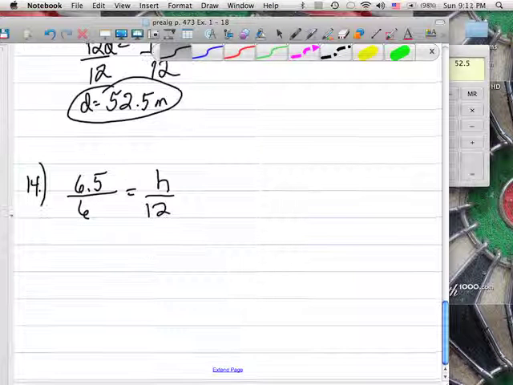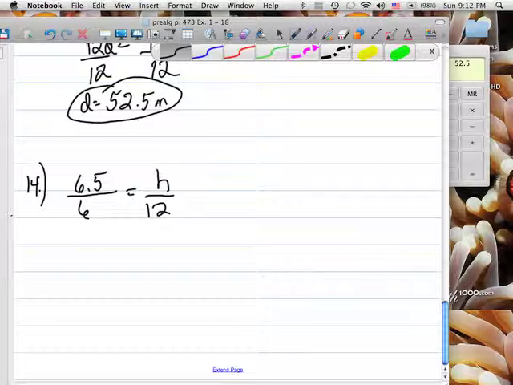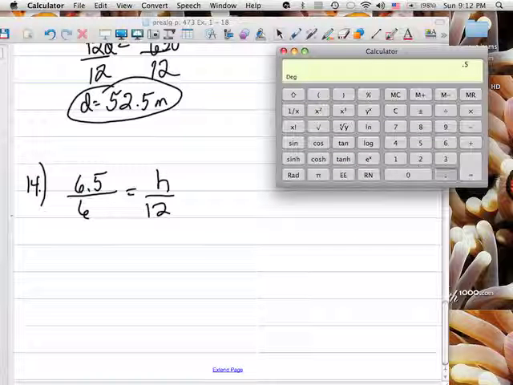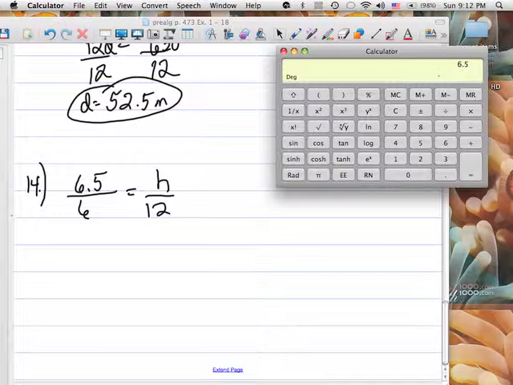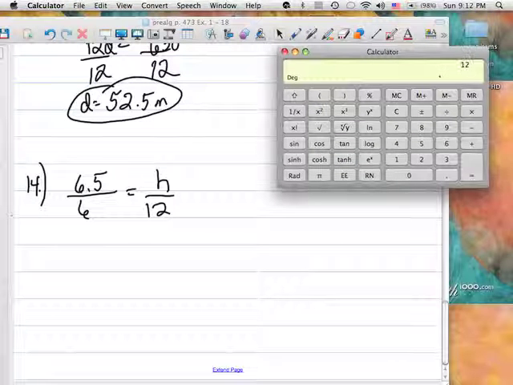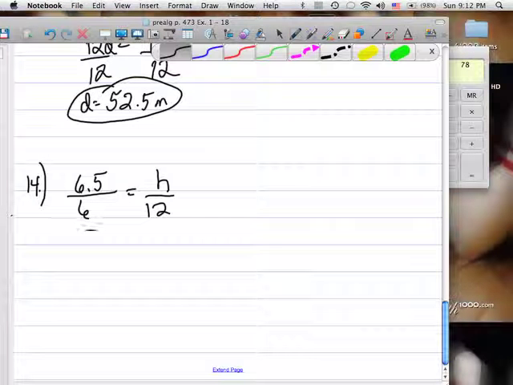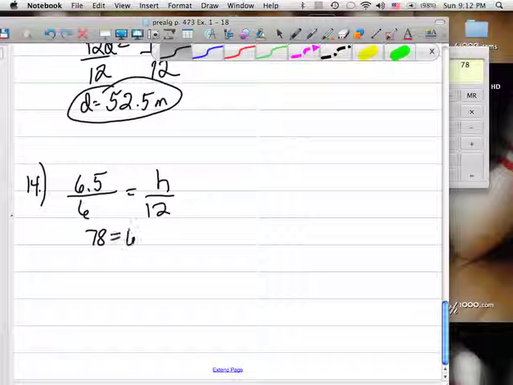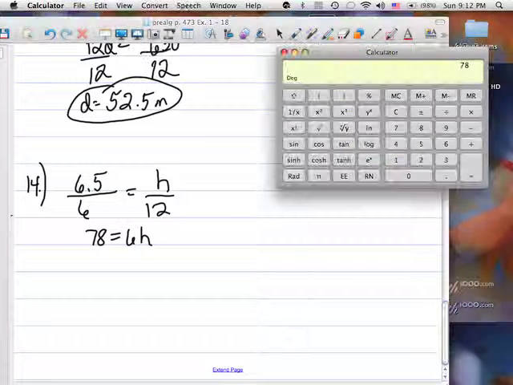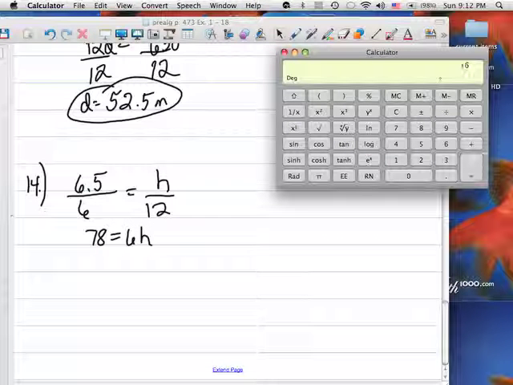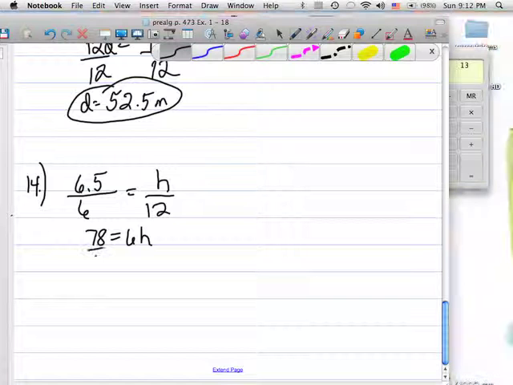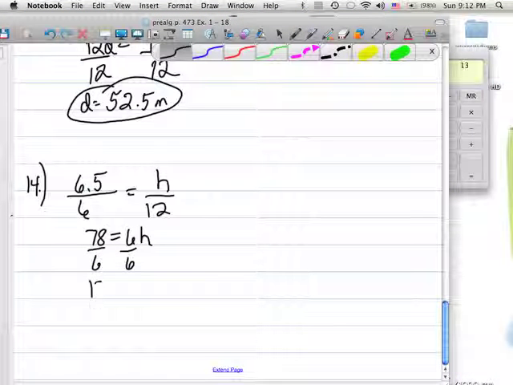Cross products gives us 6.5 times 12, which is 78, and 78 divided by 6 is 13. So 13 equals the height of that building.